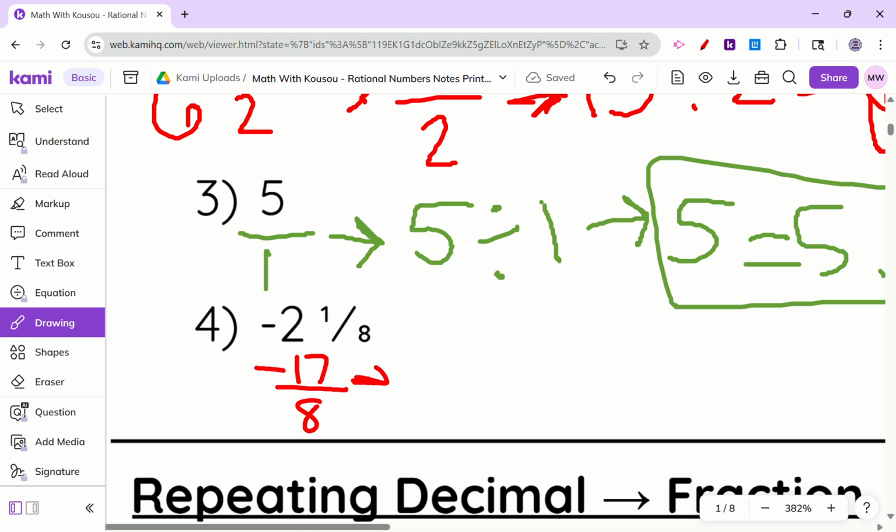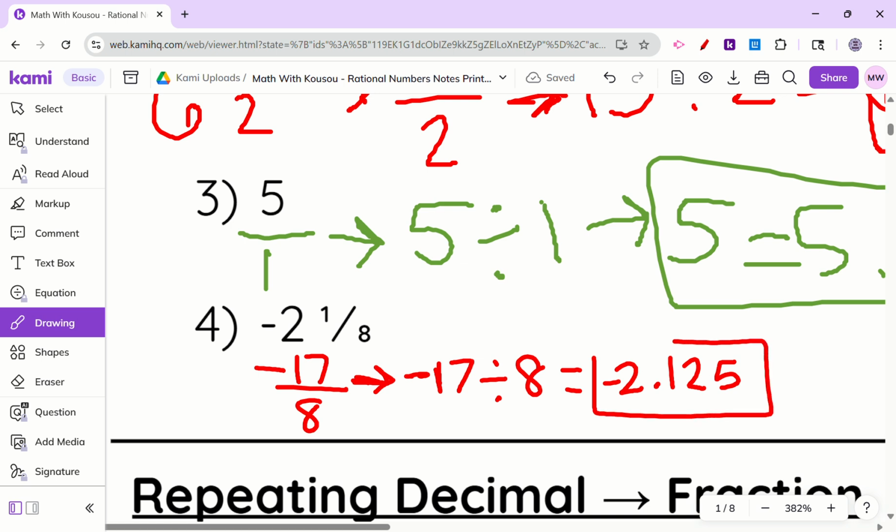And then in your calculator, we can ignore the negative for now, 17 divided by 8. Remember, the top number is what you're putting in the calculator first. So we would be doing 17 divided by 8, and we get 2.125.